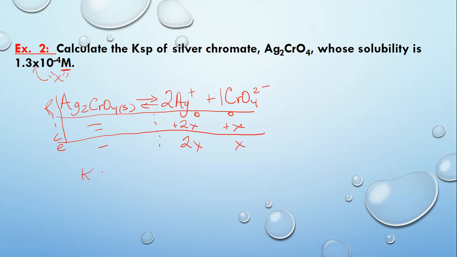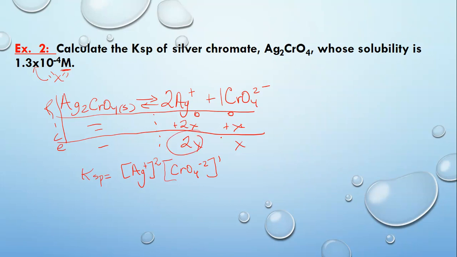So let's set up our KSP, or our law of mass action. KSP is going to be equal to the concentration of the silver ion, and that's going to be quantity squared. This is where you do not want to take shortcuts because it's very easy to mess up on these. These are pretty easy to do, but it's also easy to mess up if you take shortcuts. This is going to be CrO4 2- to the first.